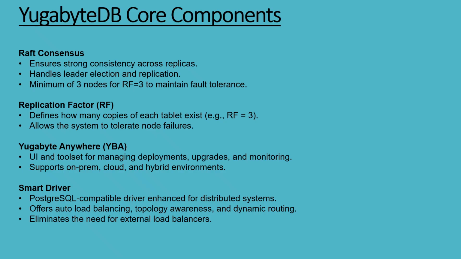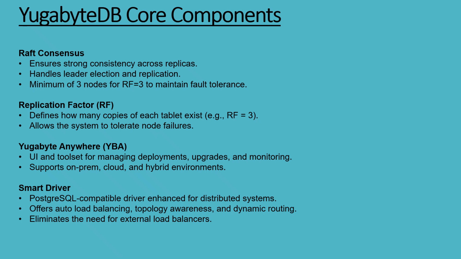In YugabyteDB, each tablet is managed by a Raft consensus group. This is the key mechanism that ensures strong consistency and fault tolerance across a distributed system. A Raft group consists of multiple replicas of the same tablet, typically 3 if the replication factor is set to 3. One replica is elected as the leader and the others act as followers.